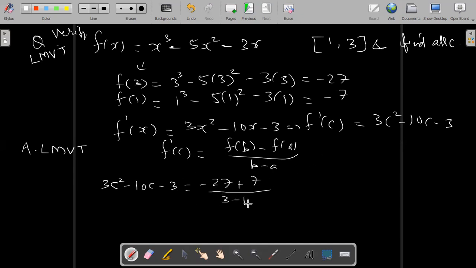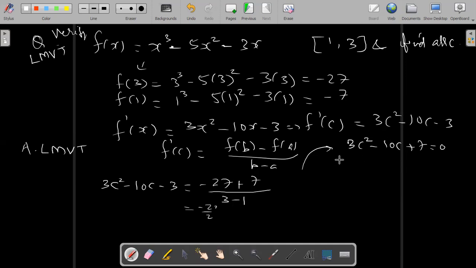So you get a quadratic equation: 3c square minus 10c plus 7 is equal to 0.